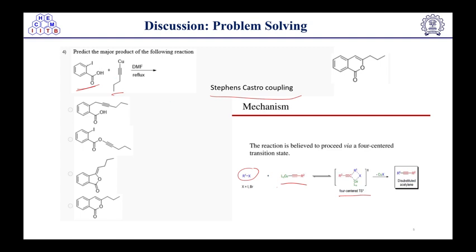So in this case it will get attached to this one. I will make it here, how the transition state will look. This one, this way. So this whole group will get attached here, right?